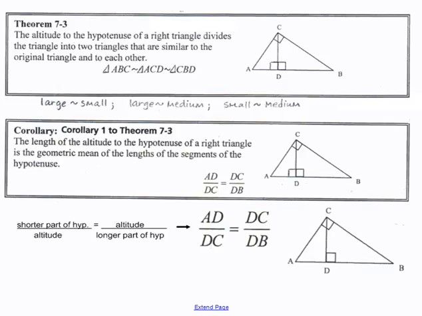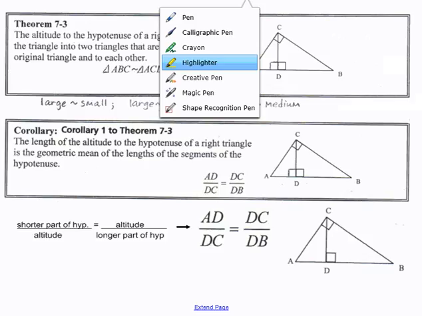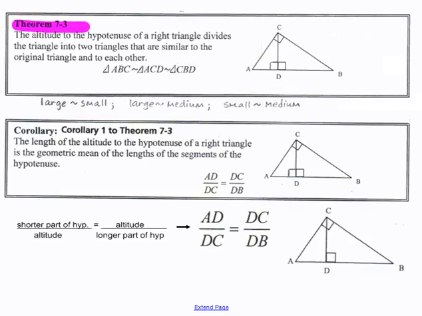Okay, the first theorem tells you that it cuts those triangles into similar triangles. The largest is similar to the small one, the largest is similar to the medium one, and the small is similar to the medium one.